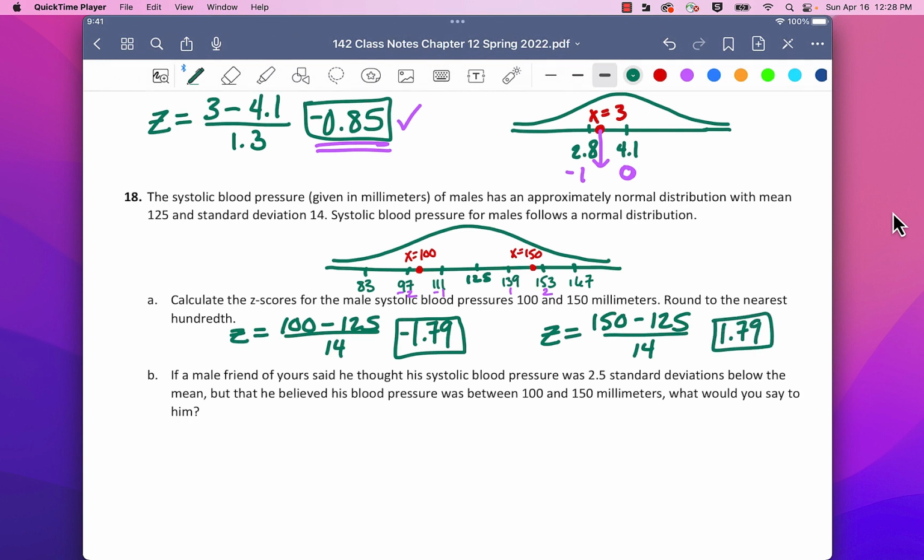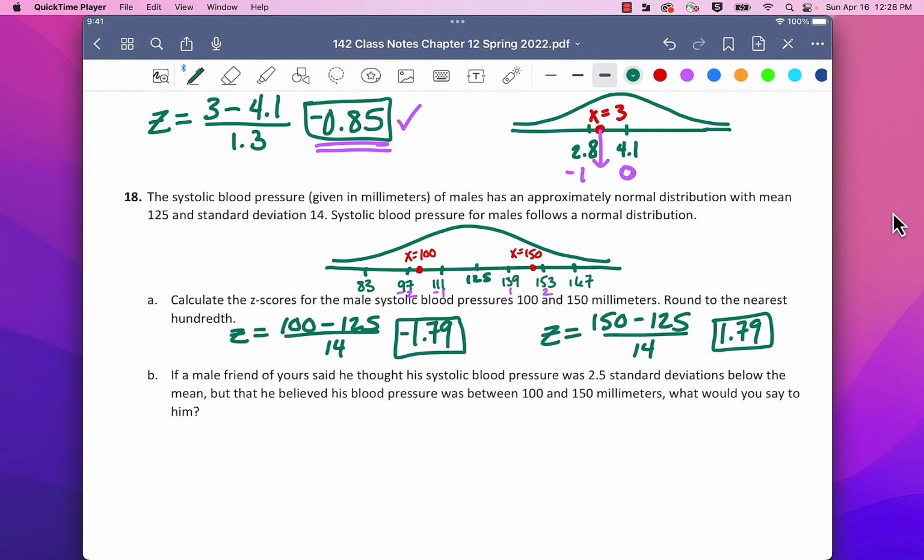If you look back at my sketch, you can see the symmetry: both of those values were the same distance inside of the -2 and +2 z-scores, so it makes sense that they match up as opposites of one another.